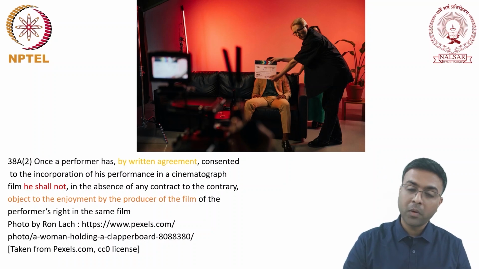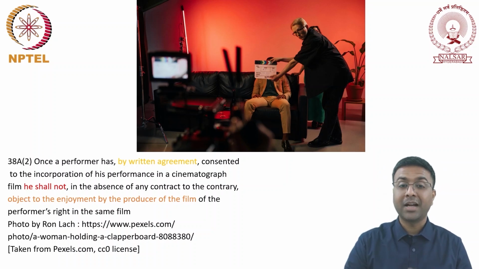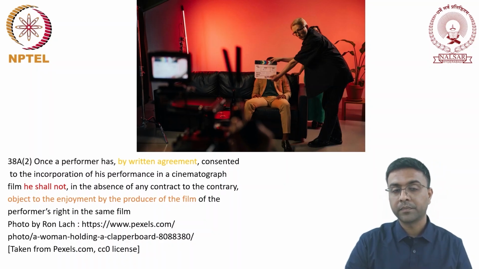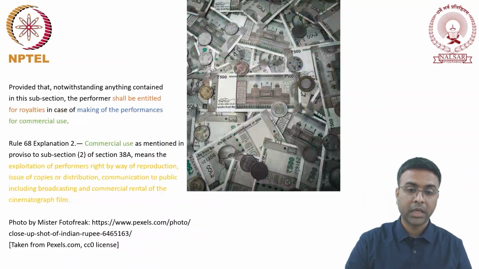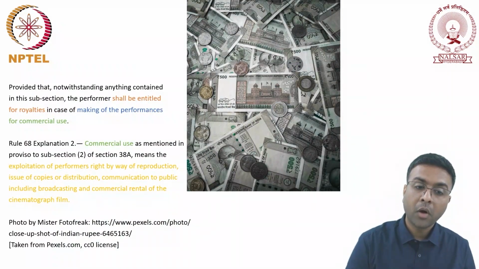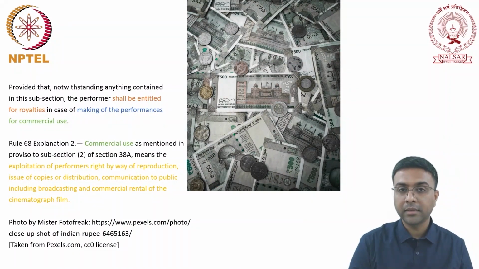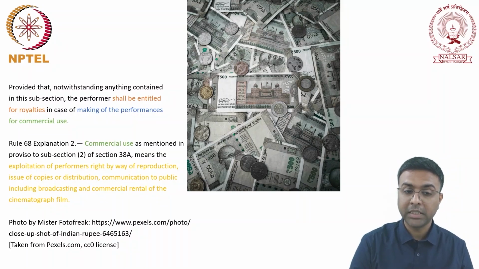Now, there is an important provision which is attached to this particular provision, and which is, notwithstanding anything contained in this subsection, the performer shall be entitled for royalties in case of making of the performances for commercial use. What does this mean?